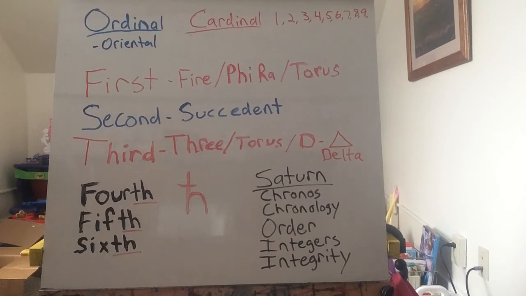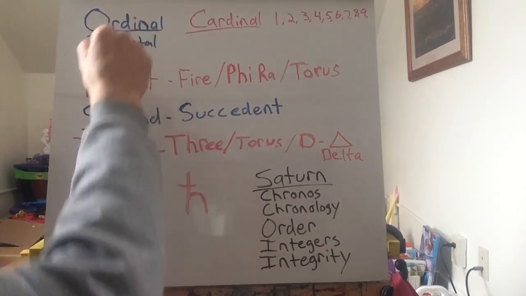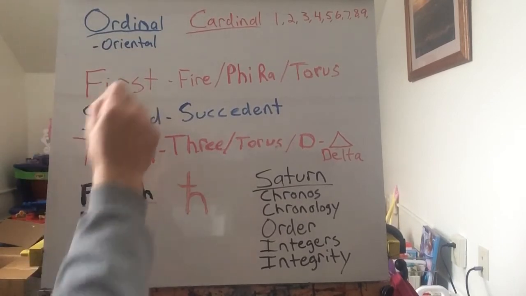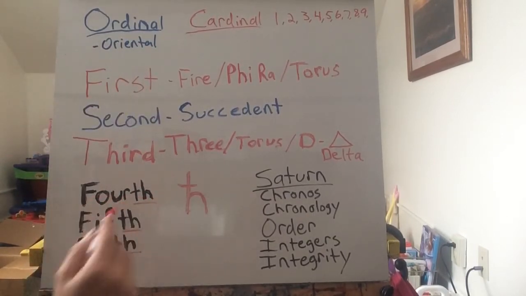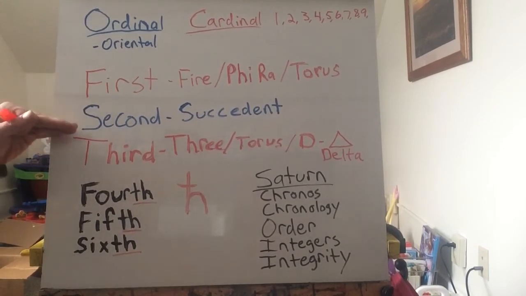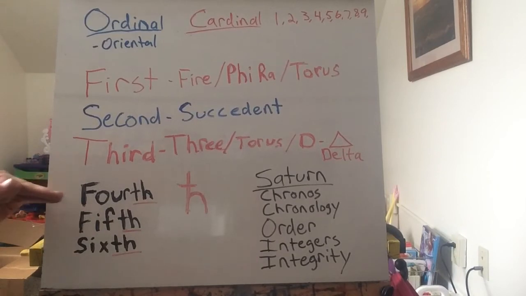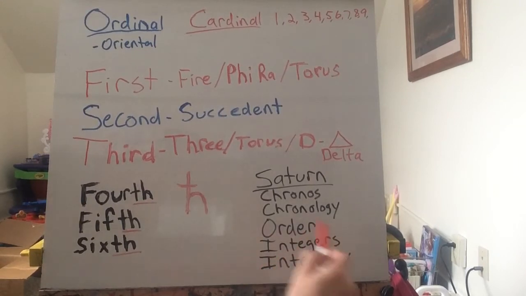It's where we get our integrity from, because Saturn doesn't skip anything. Saturn doesn't skip from the first step to the fourth step. Saturn is very orderly and very mature and responsible, and it completes every step of the process. It doesn't skip. It's all about integers in a row, keeping its integrity.